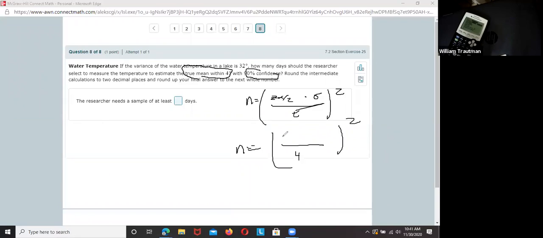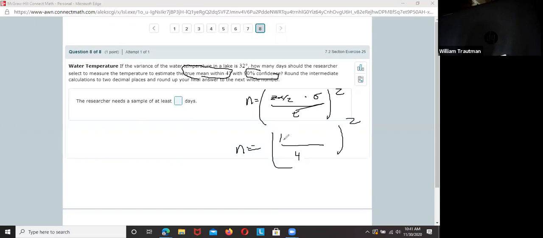90% confident. So we have to find that Z alpha over 2 for 90% confident. And I think we already did that. Didn't we get 1.64? But let me just remember those. That's one of those that you have to write down. Stat calculate. 90% is 0.05.